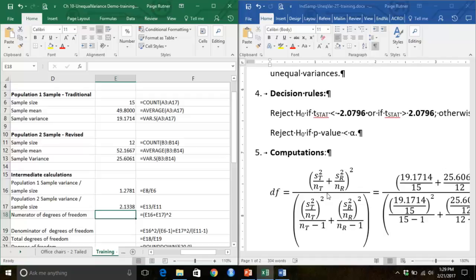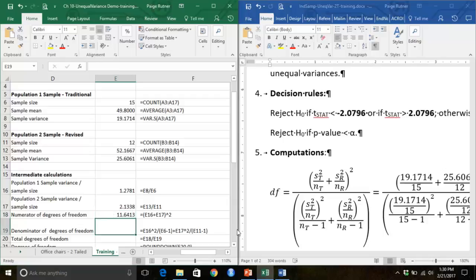So what I'm going to do is take those two values that I just computed, add them together, and then square the sum. So that will be the sum of the 1.2781 and the 2.1338. Add those together inside a set of parentheses and then square the total. So that gives me the numerator value, the value that plugs in the numerator of this fraction of 11.64 and change.